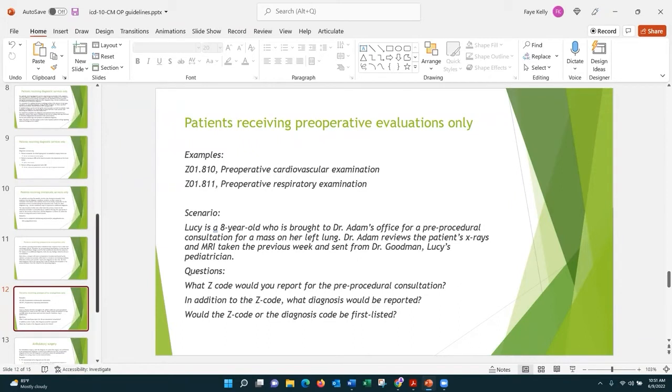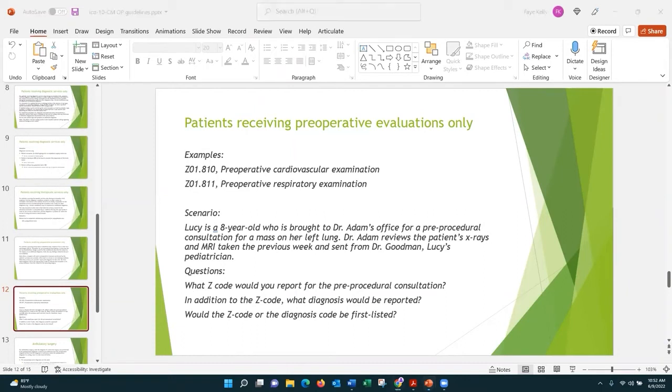All right, so Lucy is an 8-year-old who was brought into Dr. Adams' office for a pre-procedural consultation for a mass on her left lung. Dr. Adams reviews the patient's x-rays and MRI, which were taken the previous week and sent from Dr. Goodman, which is Lucy's pediatrician.